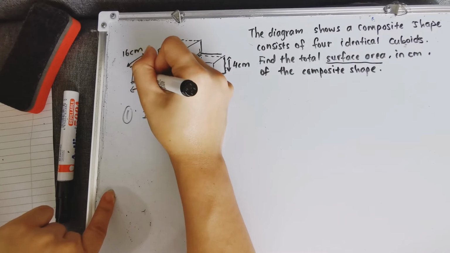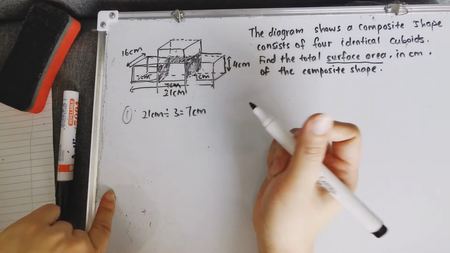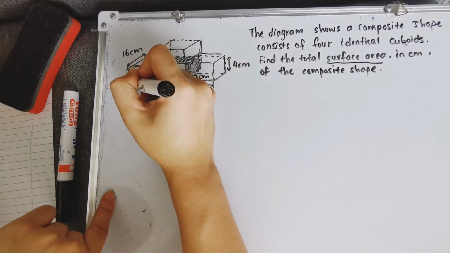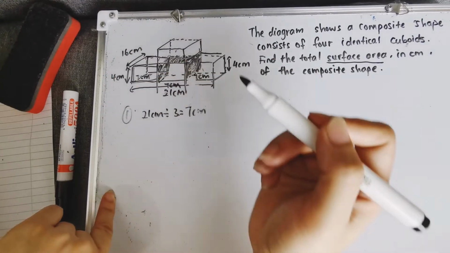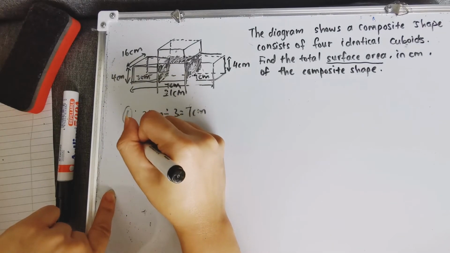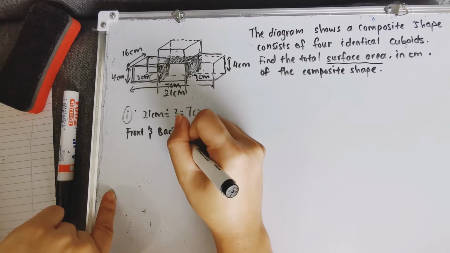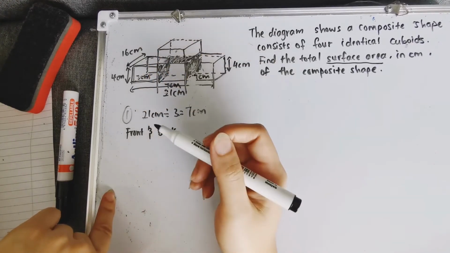So this is 7 cm, 7 cm, 7 cm. What about here? This is 4 cm. So front and back.